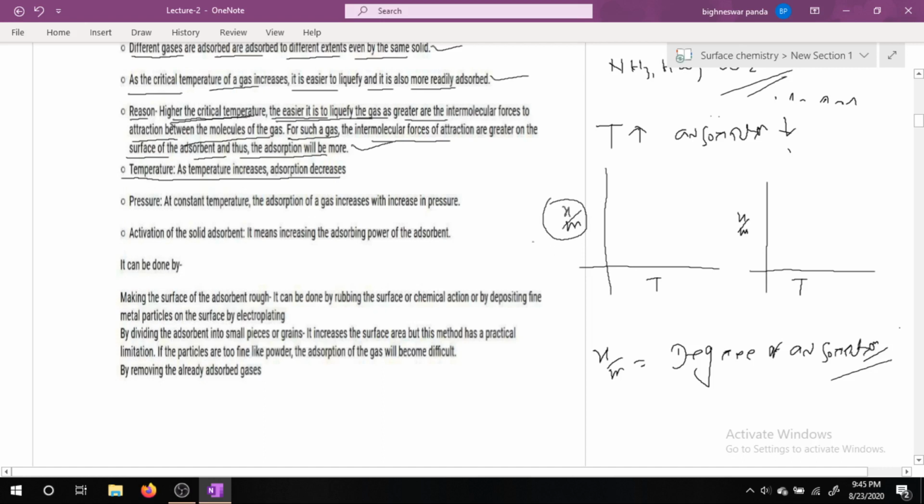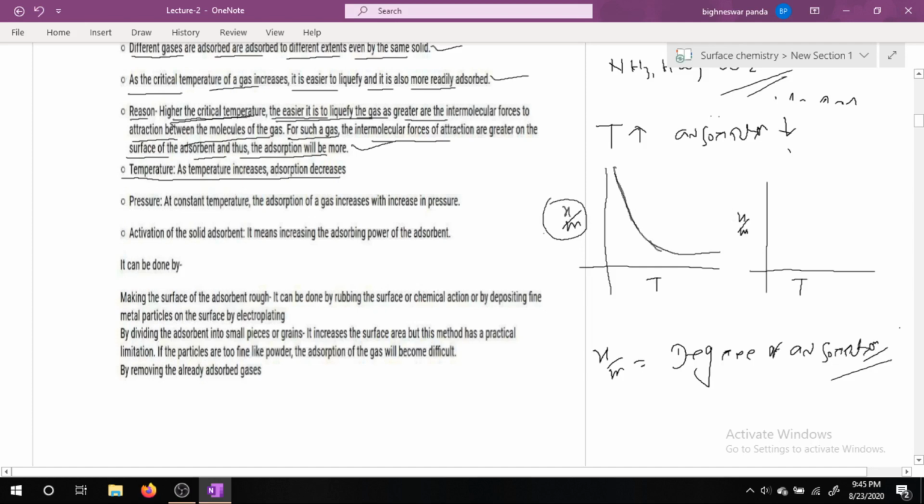If I draw the graph between degree of adsorption and temperature for the physical process, with increase in temperature the physical adsorption decreases. The graph is just like here, a decreasing curve.